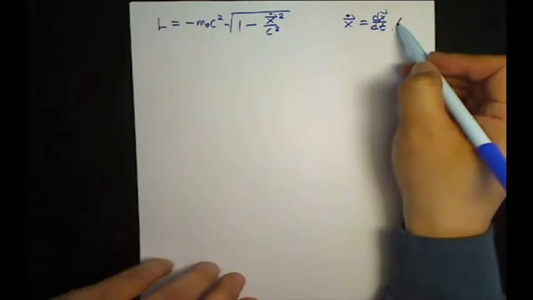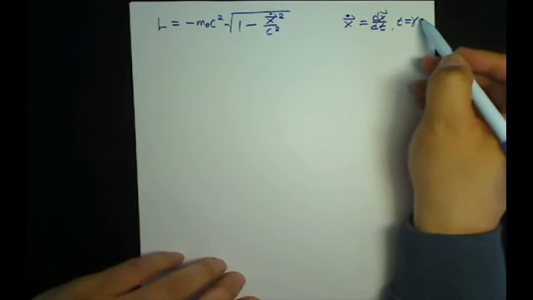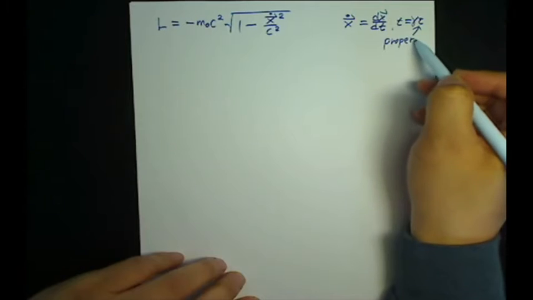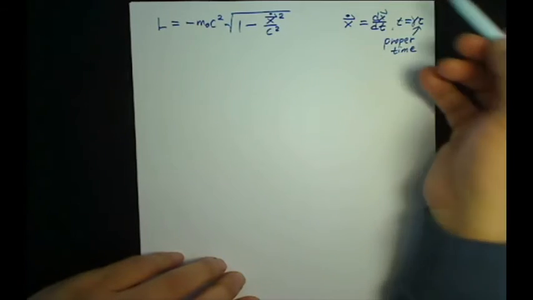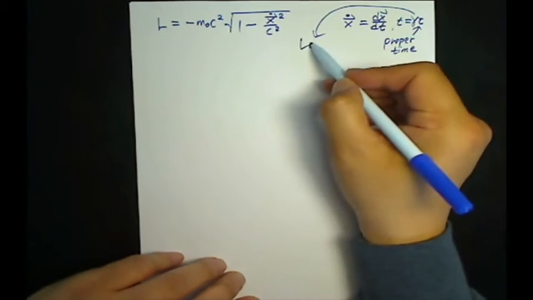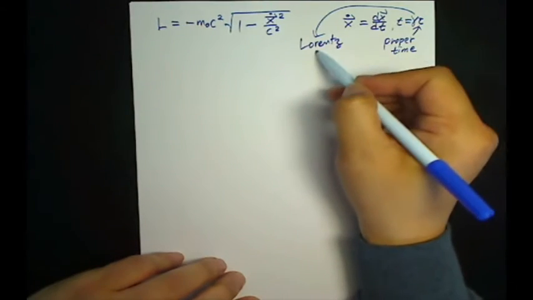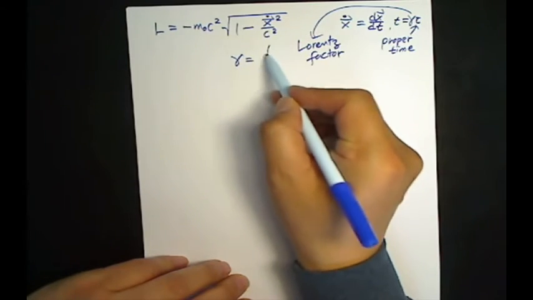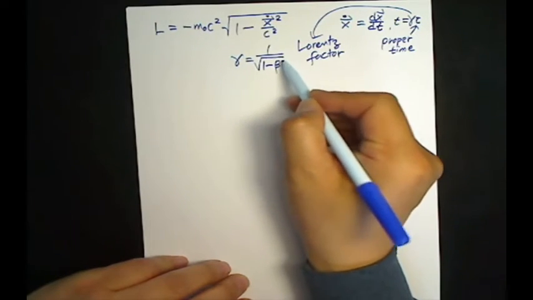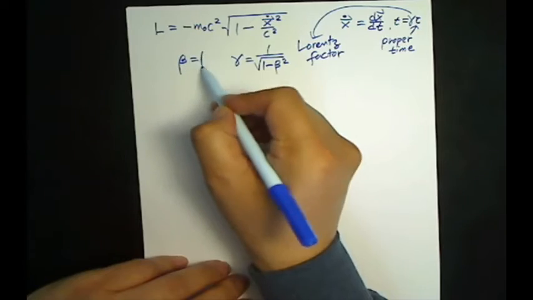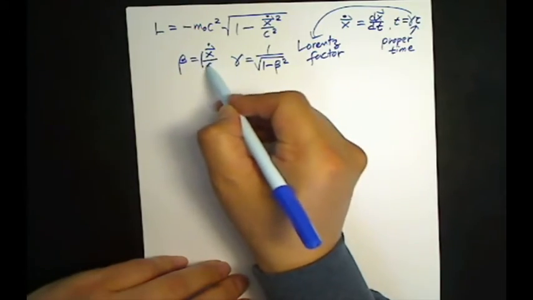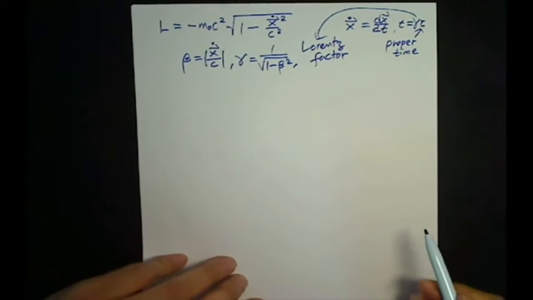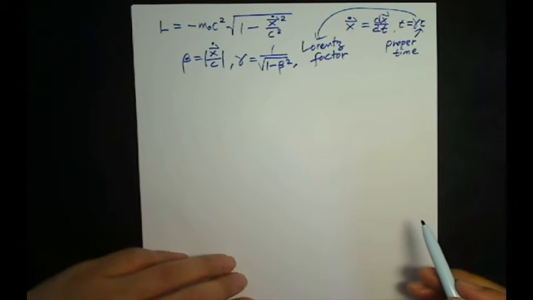Remember, this time should be the dilated time, not the proper time. This is the Lorentz factor, and beta is the absolute value of x dot divided by the speed of light. All of you must be familiar with these relations.